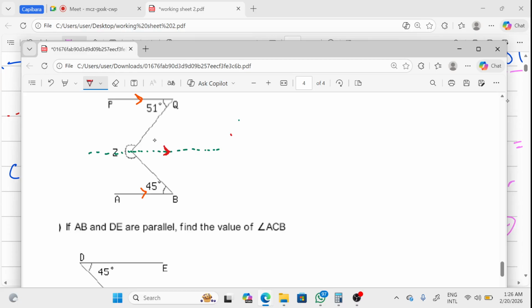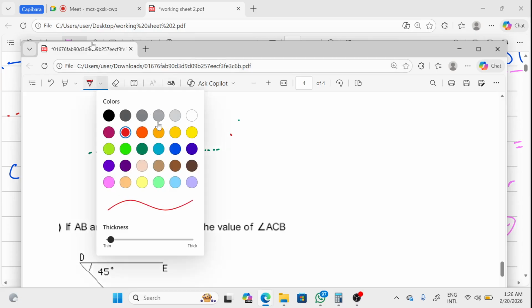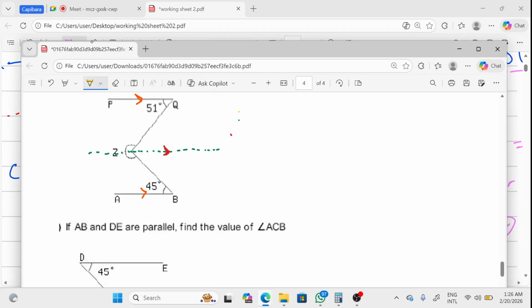So if I were you, I'm seeing a Z angle. Sorry, the network is somehow. I'm not receiving your response very fast, so that's why it looks like I'm repeating. So when I have this Z angle, there's no crime if I say this angle 51 is alternating to the angle here.